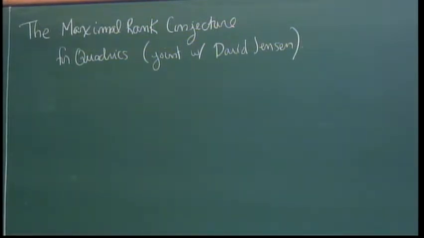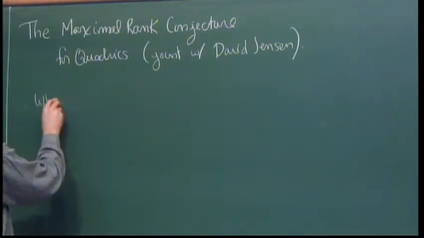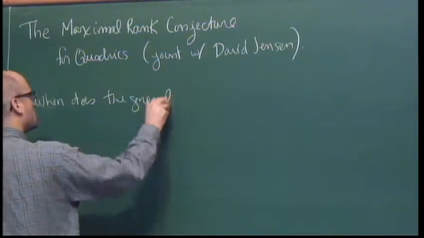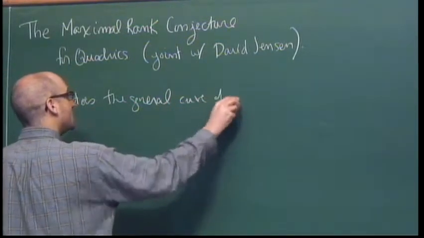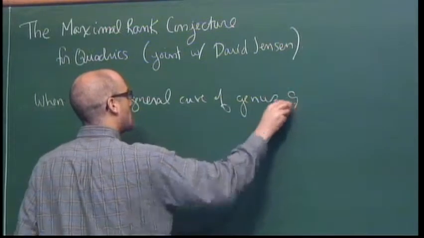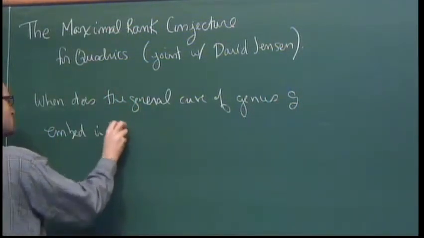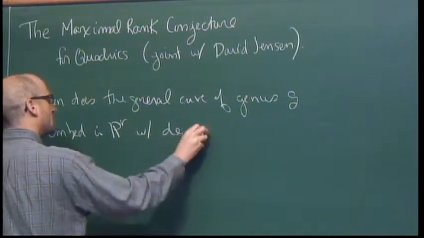So the starting point for Brill-Noether theory, for this line of research, is to understand curves by understanding how they embed in projective space. And so the basic question that one starts with is, when does the general curve of genus g embed in P^r with degree d?